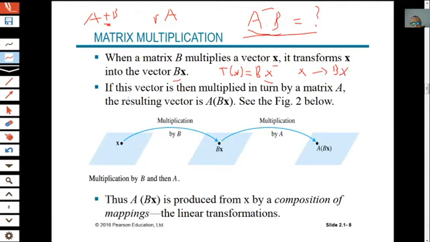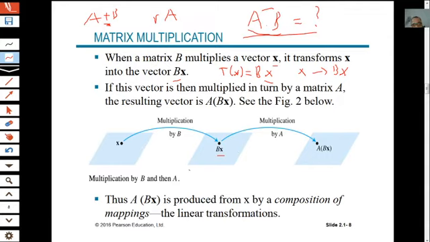As you can see graphically, we take x in the domain of the transformation, and the image of x will be the multiplication, B times x. We know this definition from the previous chapter 1. So we obtain a vector.